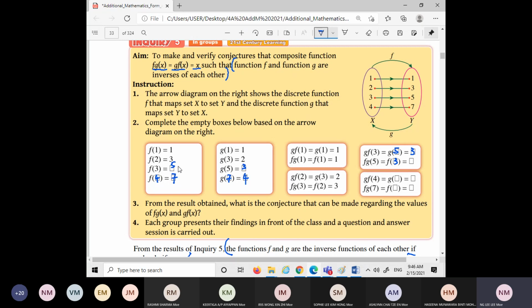Next, f(4) is 7, and g(7) is 4. And g(7) is 4, f(4) is 7.